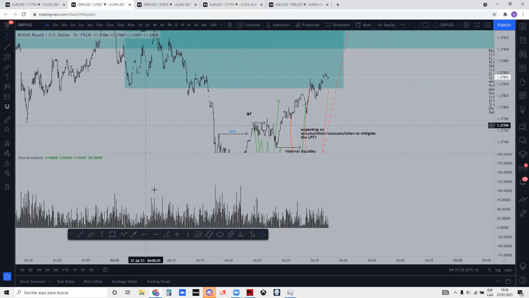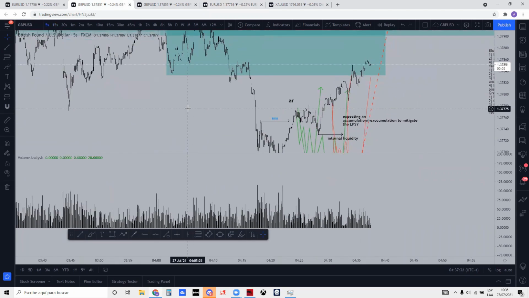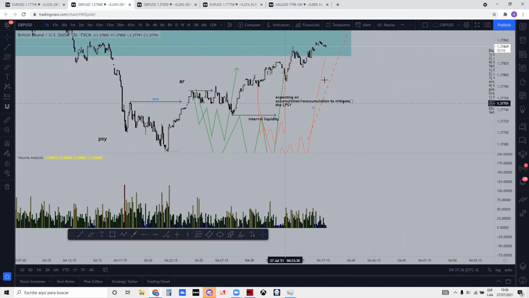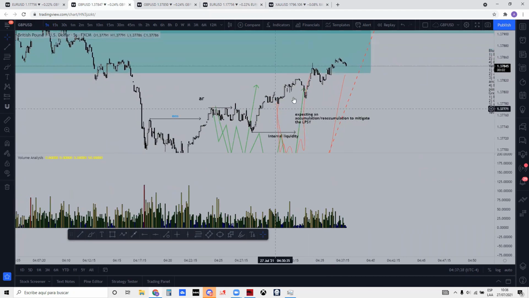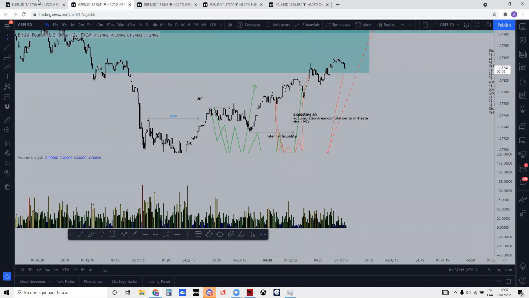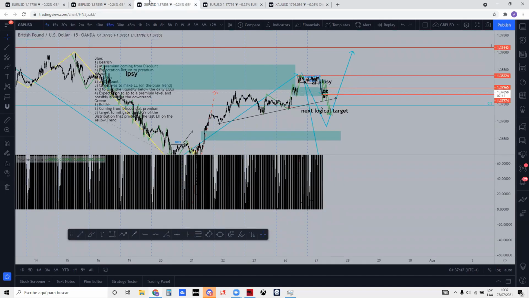Meantime, GBP/USD is continuing the up move. It didn't give any kind of retracements whatsoever, but it might do a liquidation of the sell side liquidity very soon because it's building equal lows everywhere. We'll see.